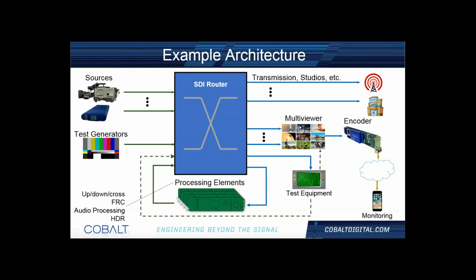Okay? So on the left side here, you have your sources. Whatever it is, cameras, receivers, whatever, they are coming in over here. And if you need a test signal, it's better to have some test generators coming over here. On the other side, you have your transmission links, wherever the video needs to go. Transmission, studio, whatever, it's over here.